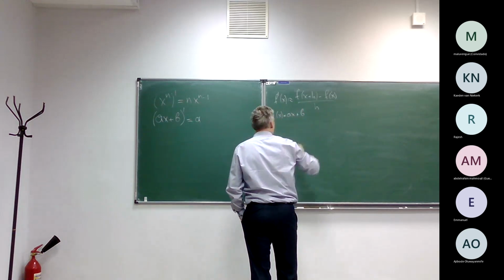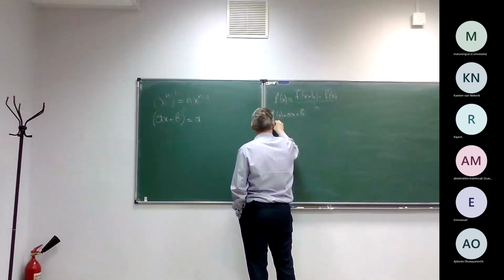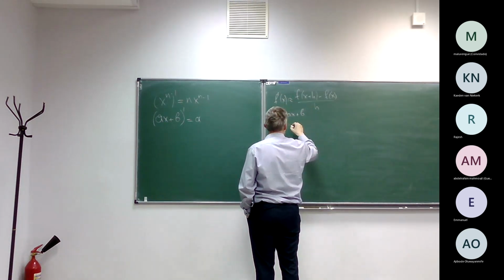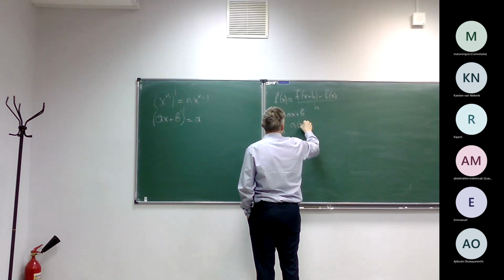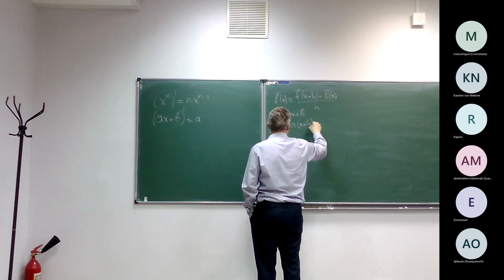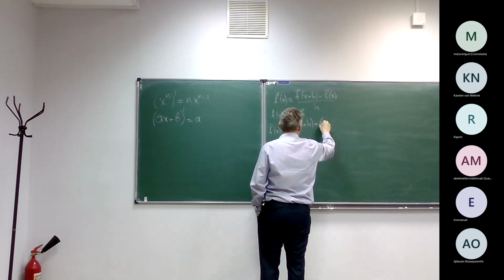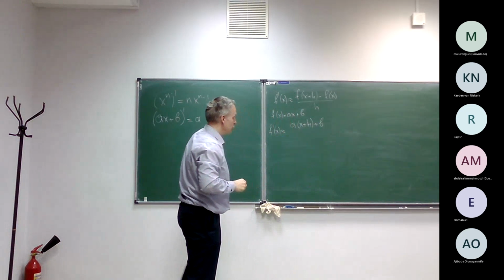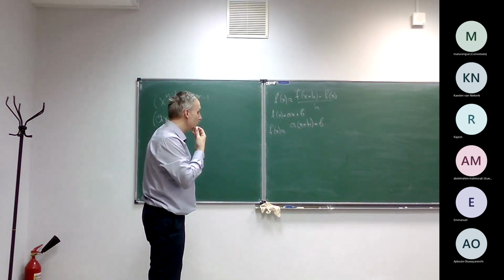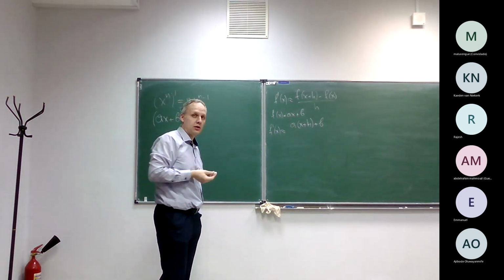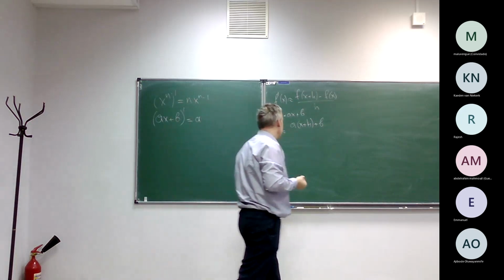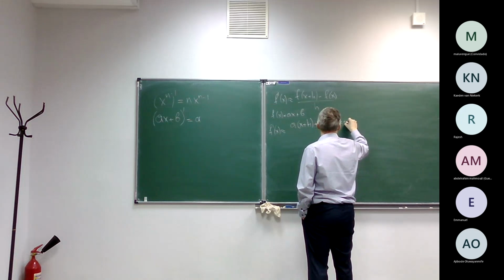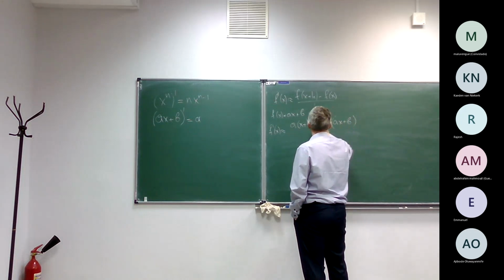If we apply this formula, we will have a times x plus h, plus b, I substitute x plus h in the formula, minus ax plus b, over h.